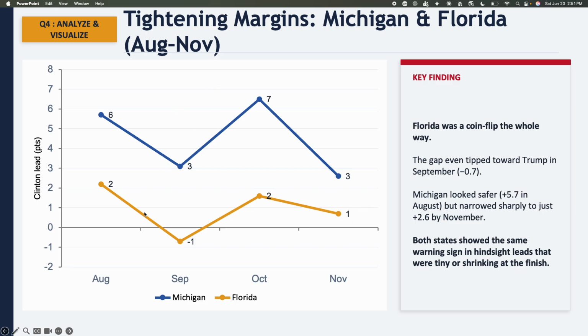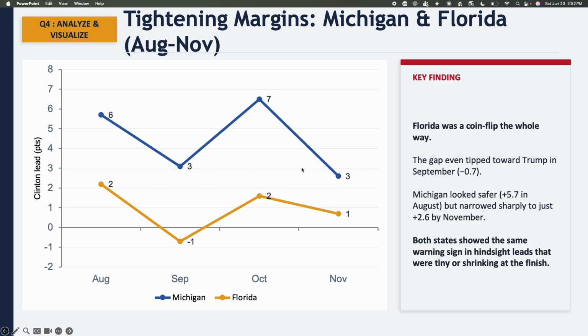Michigan is the blue line and Florida is the gold. Michigan started August with Clinton up about 6 points, which is a healthy lead, but it narrowed through the fall, and by November it was down to about 2.6 points. Still a Clinton lead, but it shrank.